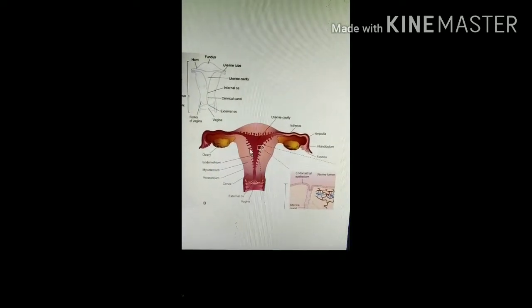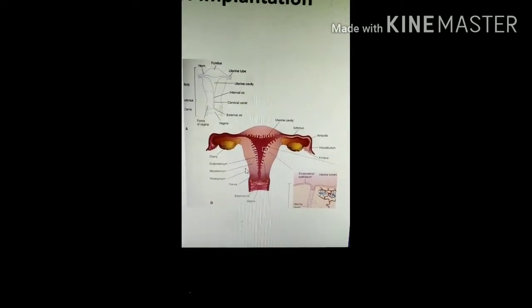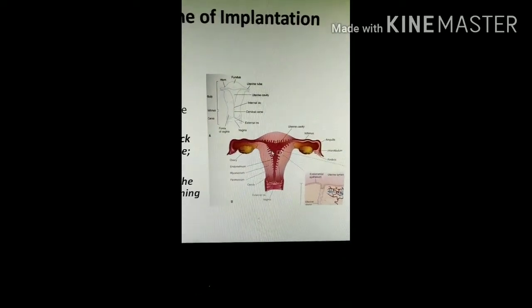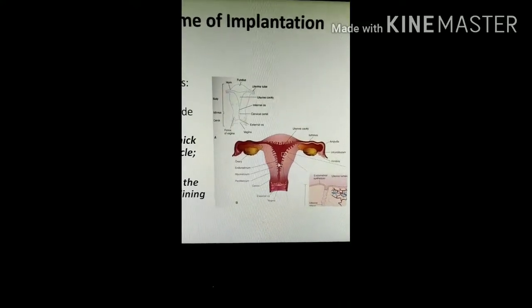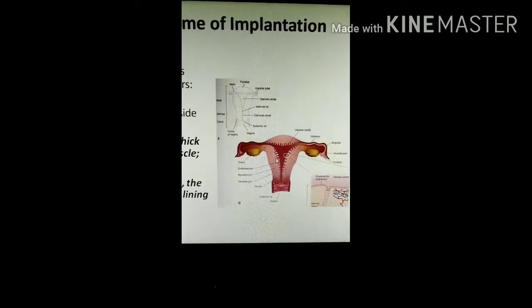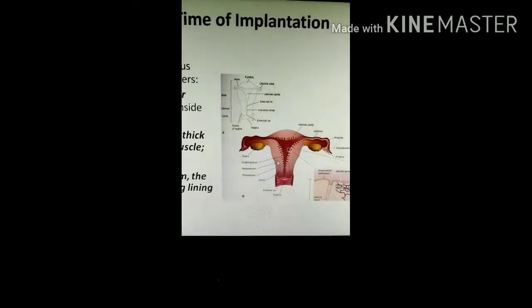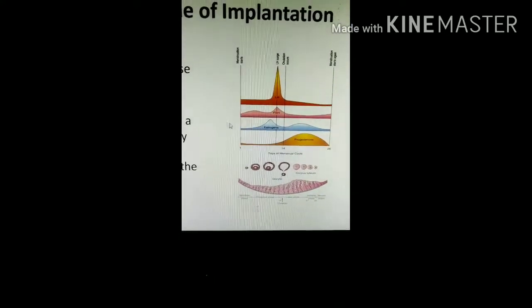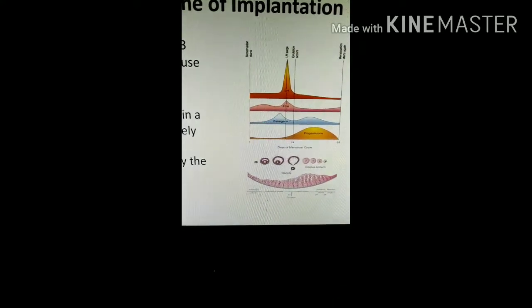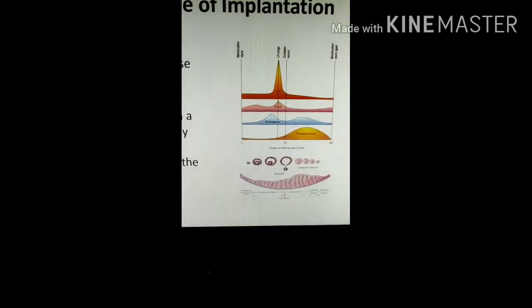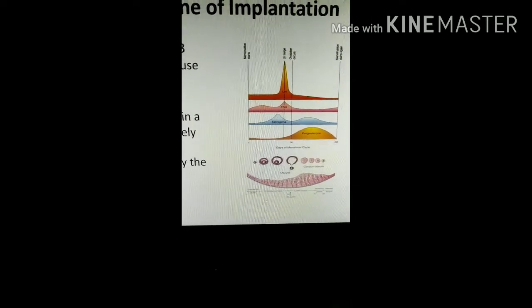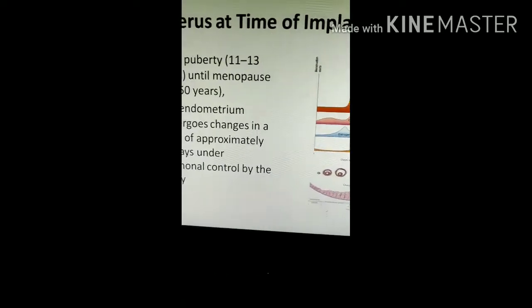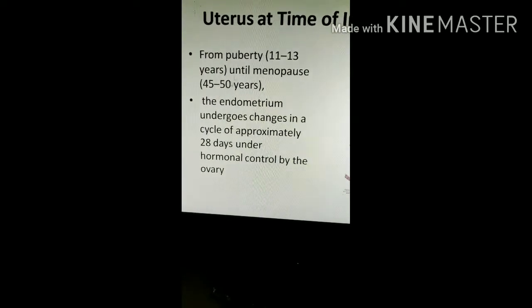First is the endometrium, then the myometrium, then the perimetrium. The endometrium is the mucosal lining inside the cavity, then the thick myometrium, and the perimetrium is the covering of the peritoneum. Why must this three-layer condition of the uterus be known during this time? Because we can diagnose it.